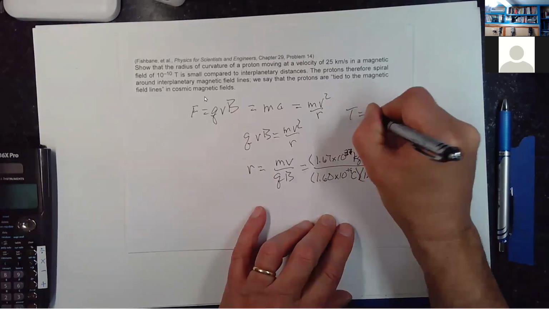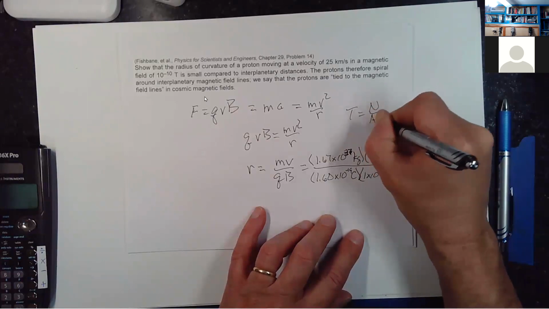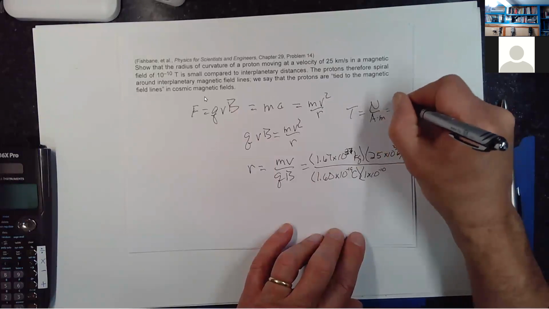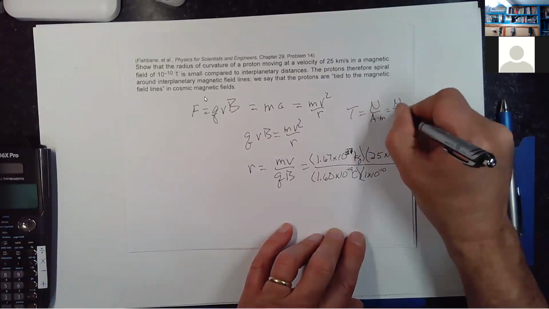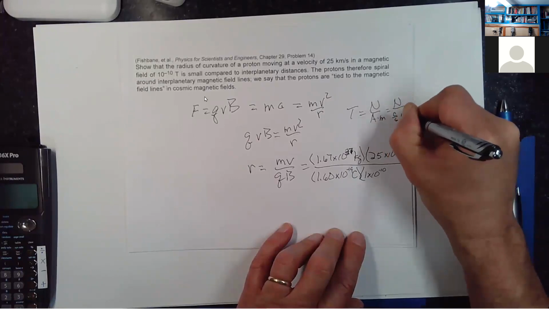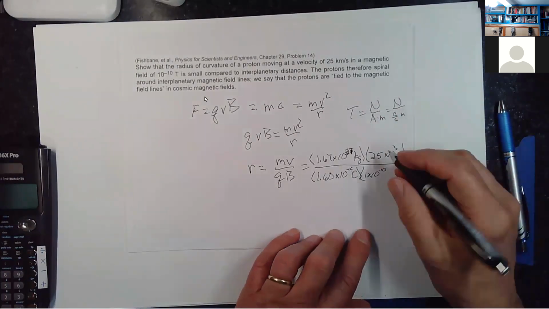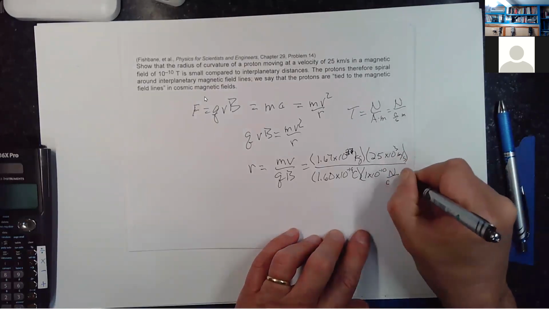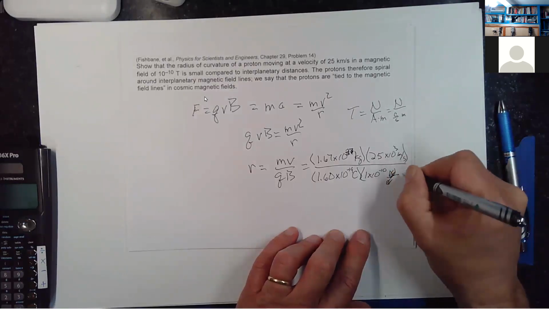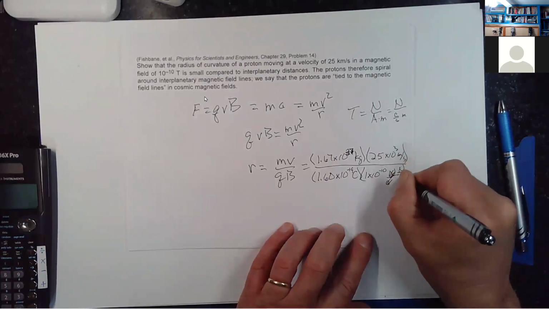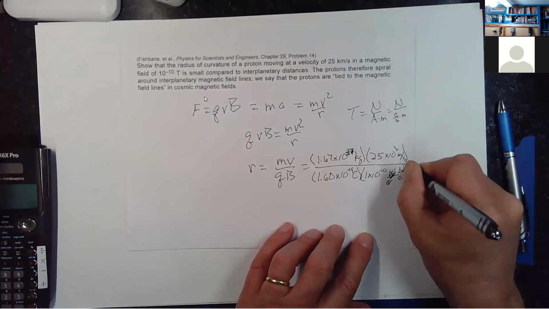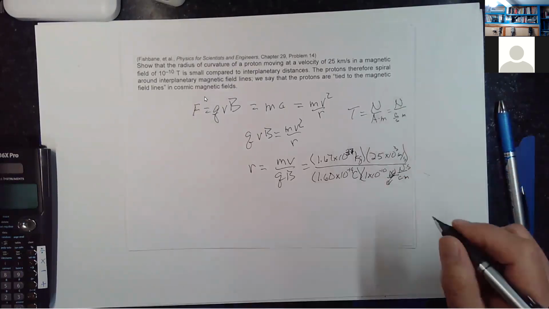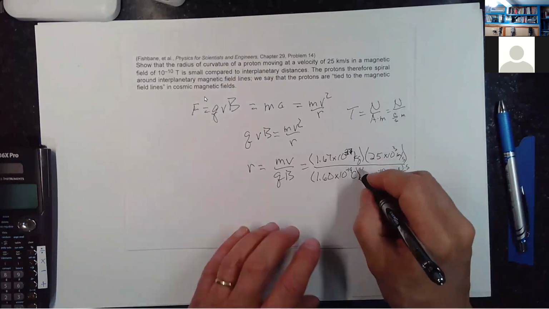Now remember, a Tesla is a Newton per amp meter, but an amp is a Coulomb per second, so we could think of this as a Newton second per Coulomb meter. The coulombs divide out.